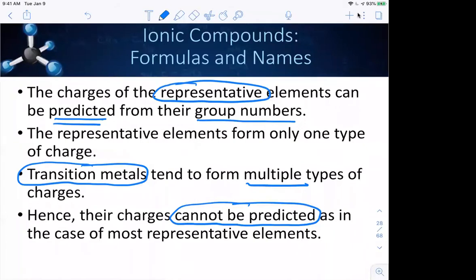So I actually have two different sets of rules: rules for compounds formed by representative elements, which form these predictable charges, and then rules for putting compounds together from ions derived from transition metals, where I have an additional step to figure out what charge is actually being used.